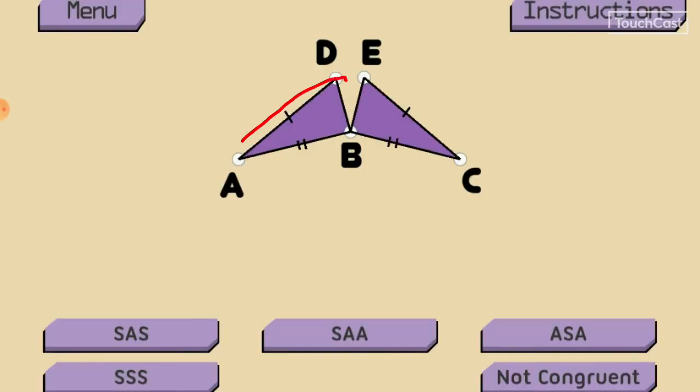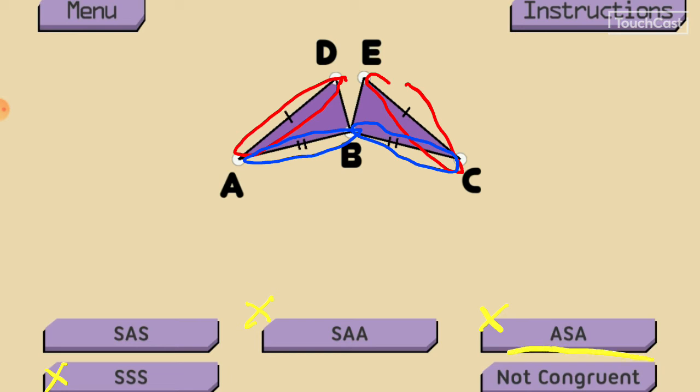If side angle side is not correct, and there are only two pairs of congruent sides given, most likely SAA is not the right theorem, and neither is ASA or SSS. This will possibly allow the student to deduce that these two triangles are not congruent.